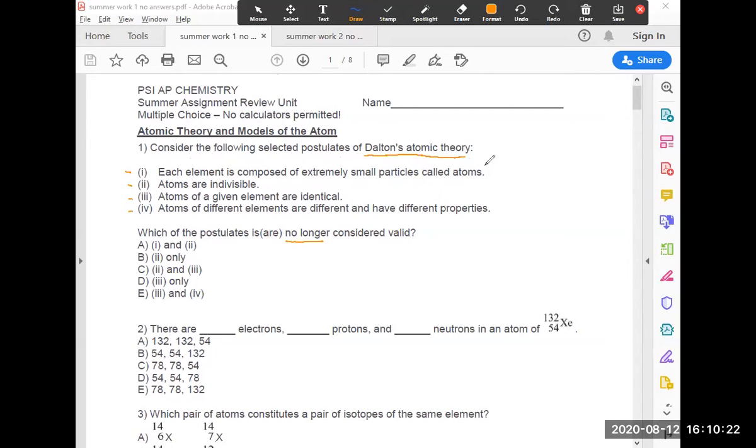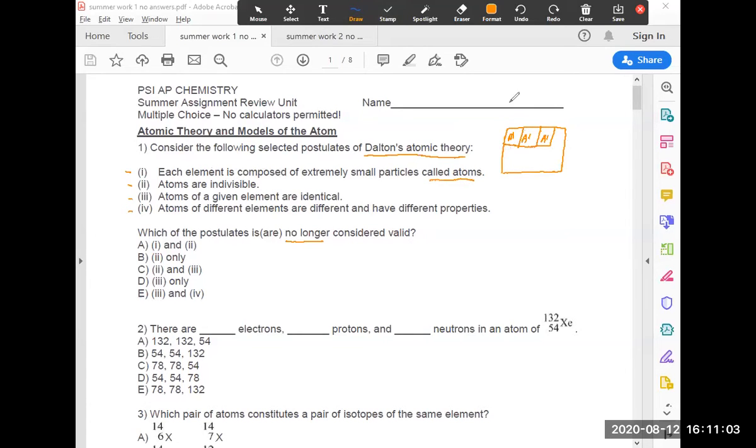The first postulate says each element is composed of extremely small particles called atoms. This is something we still consider true, because, again, let's analyze the words very closely. The element is composed. So if you have, for example, a piece of aluminum, a sheet of aluminum made of aluminum, all of those little aluminum pieces are called atoms.